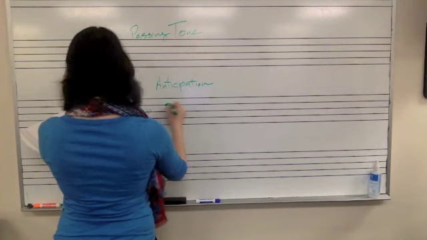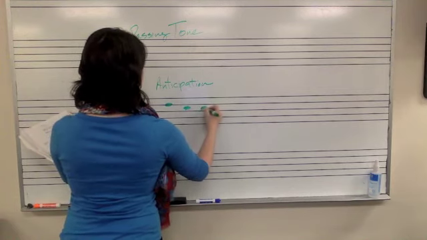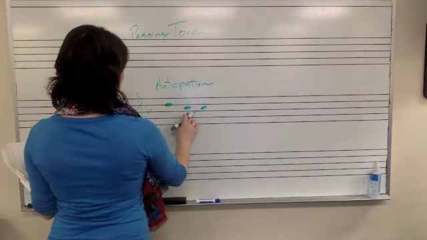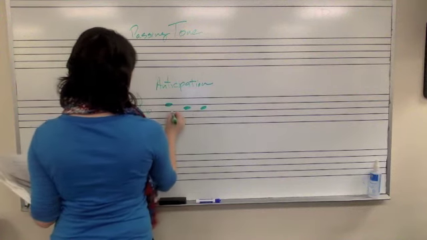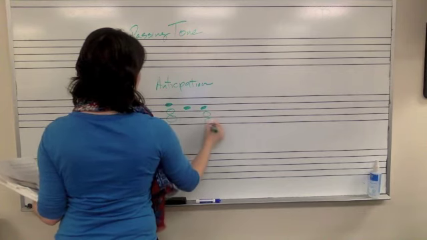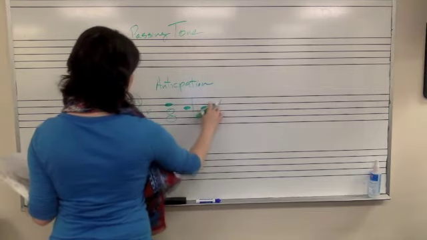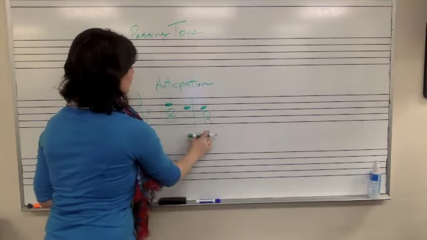So anticipation is going to be the opposite. So it's going to anticipate the chord. So say the chord is here, and then it resolves here. So ba, da, da. So it anticipates the next chord.